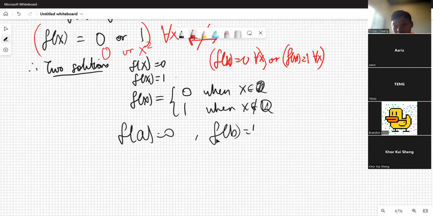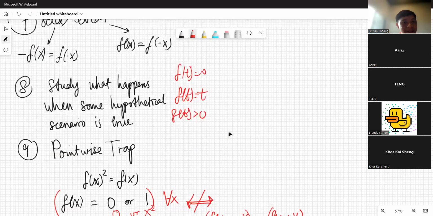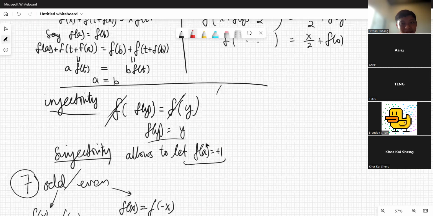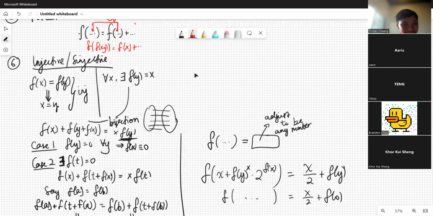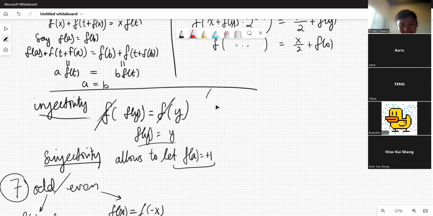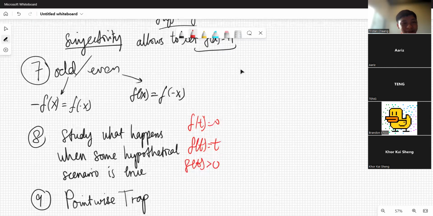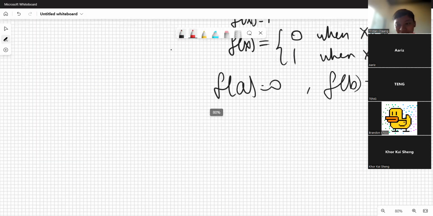So that wraps up the techniques that I know. If anyone has any more techniques that you want to share, you can type it in the chat. I will be very happy to add it to the list here. Exploiting symmetry. Yes, exploiting symmetry can also be a very good technique.